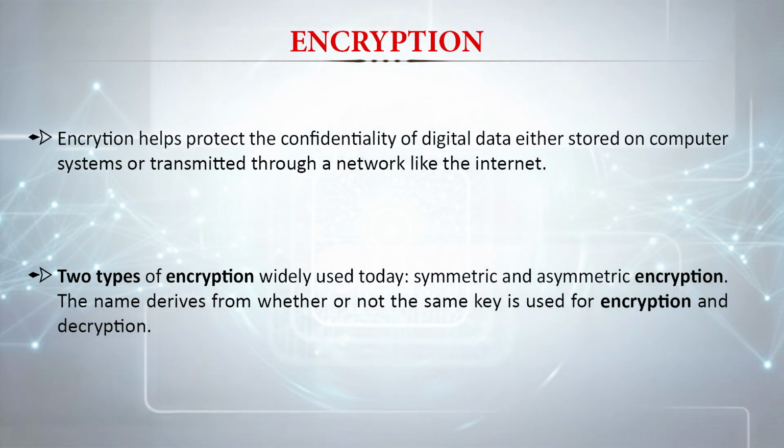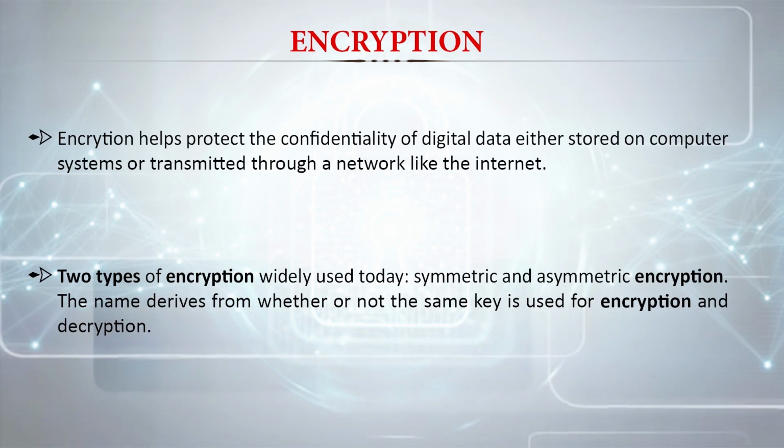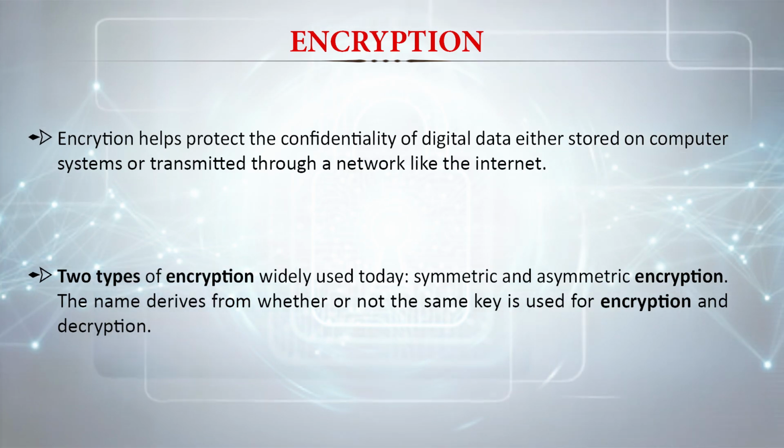The name derives from whether or not the same key is used for encryption and decryption. We discussed both kinds of encryption algorithms. We also discussed the various elements of an encryption algorithm. For example, the original text is one element, the algorithm itself is another, the ciphertext is another element, and keys are another element.